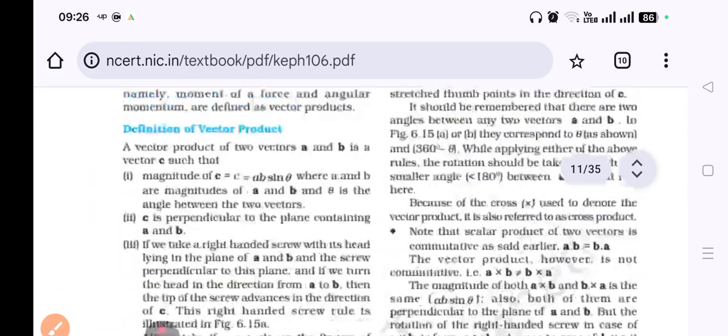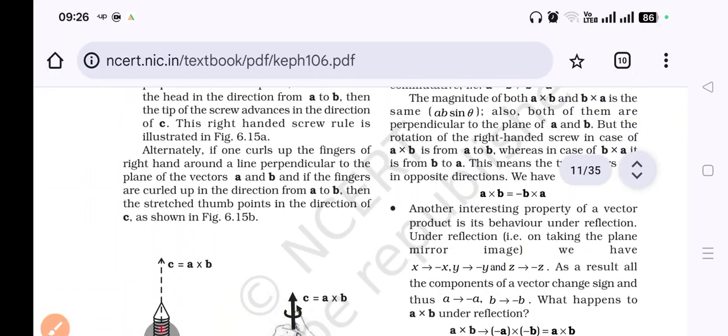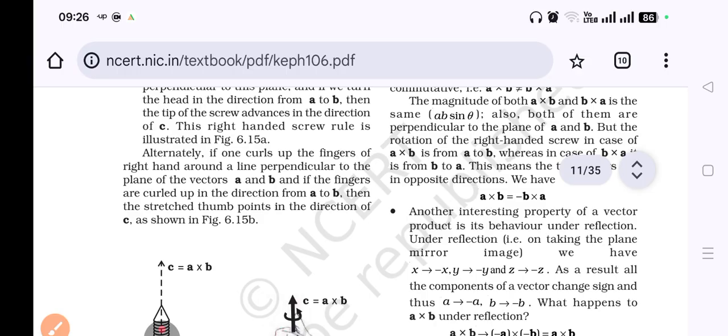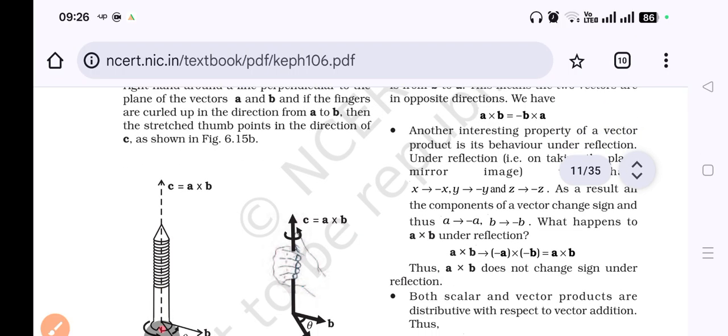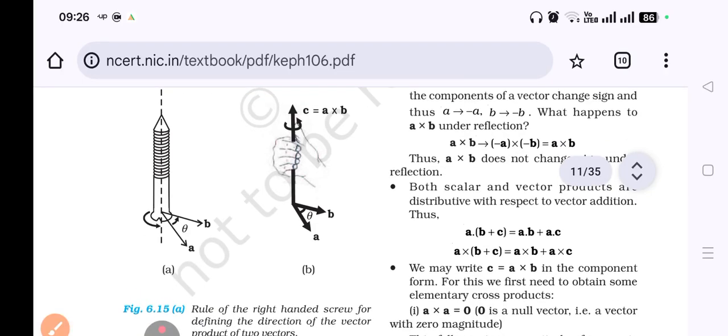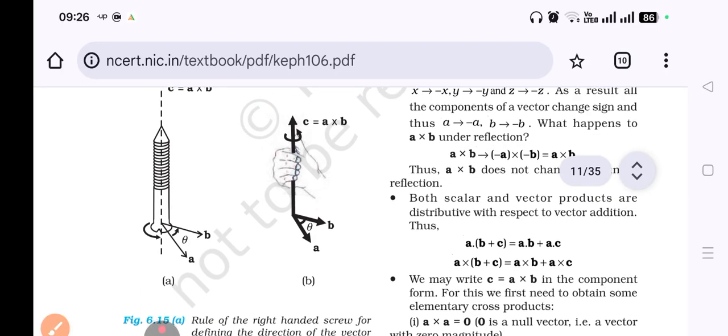And there are certain rules related to this. It is not commutative. The scalar product was commutative, but this is not, there is a minus sign. If we change the order of the cross product, the direction will be changed, to the opposite direction.